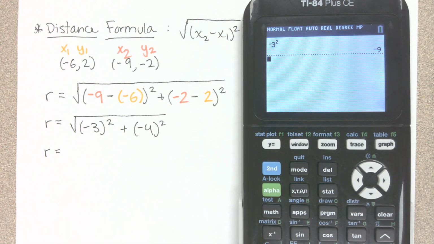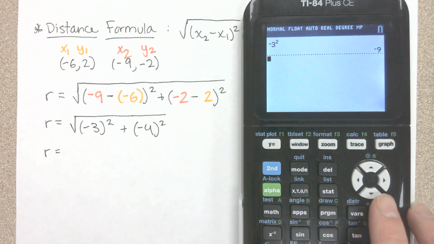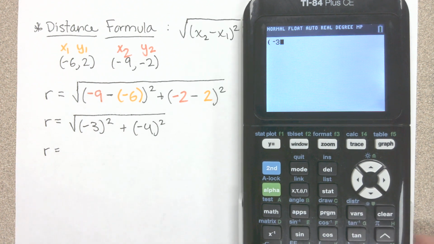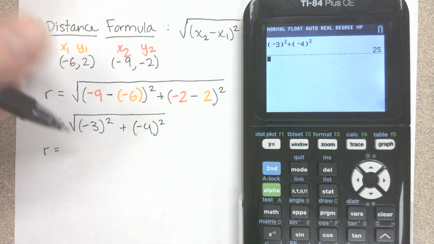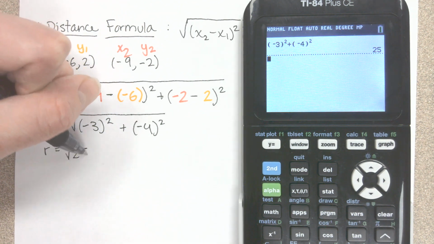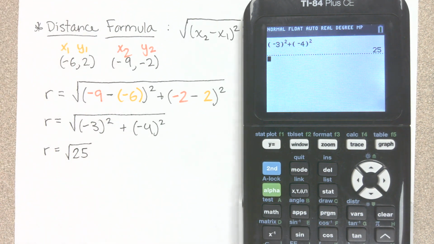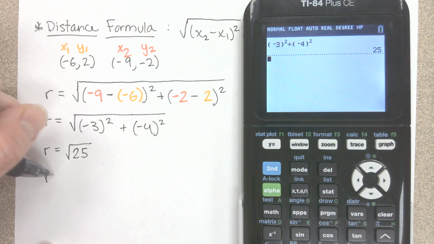Everyone in here, you're in pre-cal for a reason. You should be able to look at that and tell me that's wrong. It should not be -9, it should be +9. So using parentheses absolutely makes a difference. -3 squared plus -4 squared. That'll give me 25. So our radius r is the square root of 25, which we know to be 5.